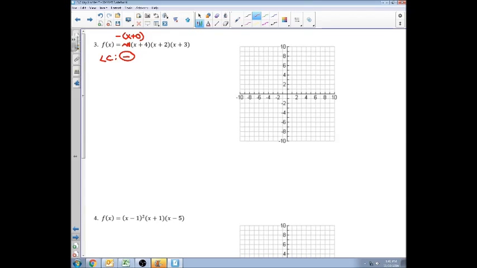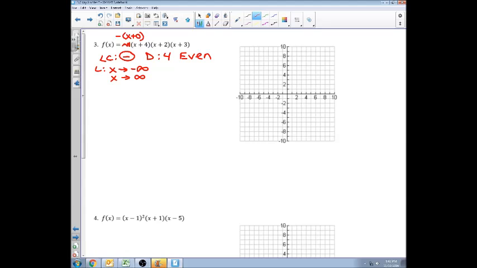Now my degree, x plus 0 happens once, so that's 1. X plus 4 is 2. X plus 2 is 3. X plus 3 is 4. So my degree is 4, which is even. Now I can figure out my end behavior. X approaches negative infinity. X approaches positive infinity.